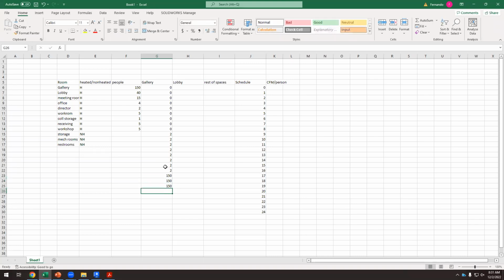Then there are 5 people just to clean up, and then the building is locked again. So this can be a feasible schedule for the art gallery. If you think that there are more people visiting the exhibitions during the day, be my guest, you can add more people here.